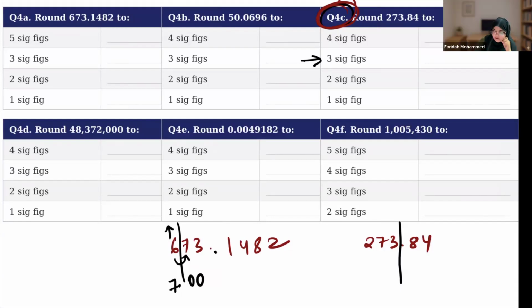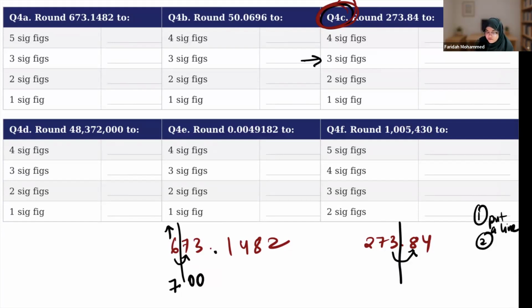Okay, wait. Okay, first step, put a line. Write it down. Second step, look at the next number. Write down the steps, especially those who still don't really get it. So put a line where you want to stop. Second, look at the next number.